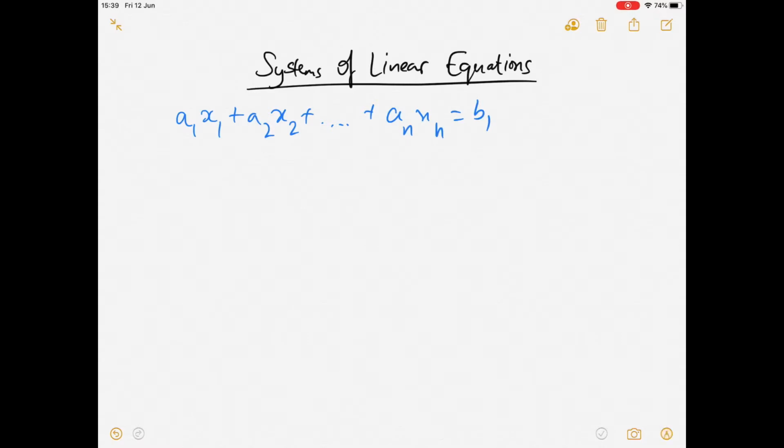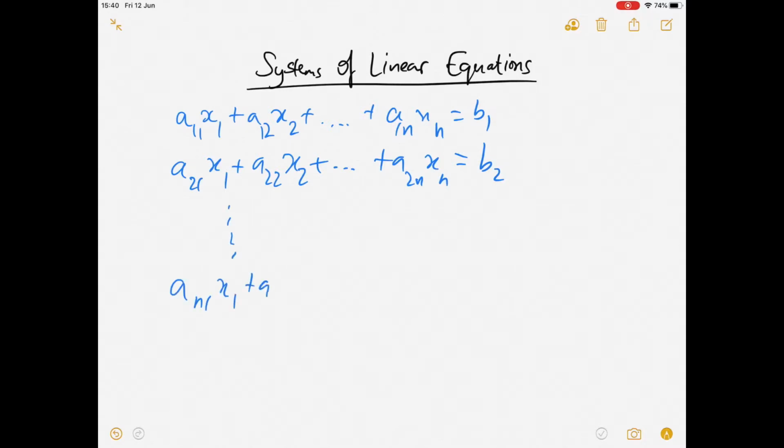And then a21x1 plus a22x2 plus all the way to a2nxn equals b2, all the way down to an1x1 plus an2x2 plus annxn equals bn.